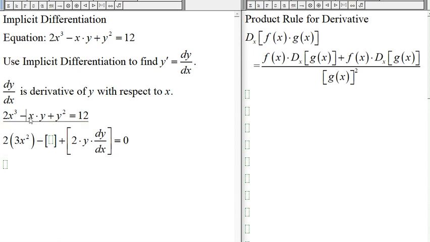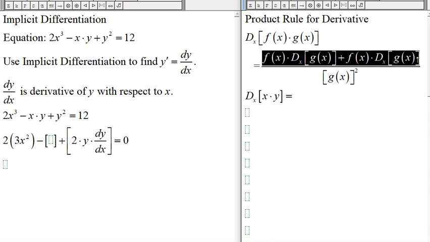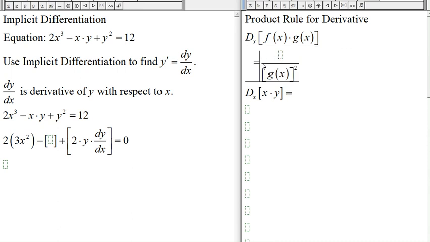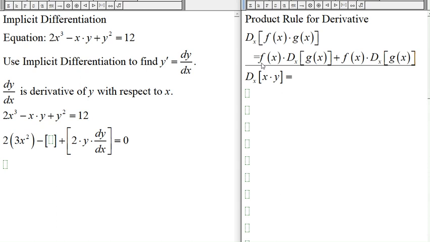And then right here we have a product, so we have to find the derivative of this product with respect to x. Then we have to use the product rule. The product rule says the derivative of f(x) times g(x) is f(x) times the derivative of g, plus g(x) times the derivative of f.